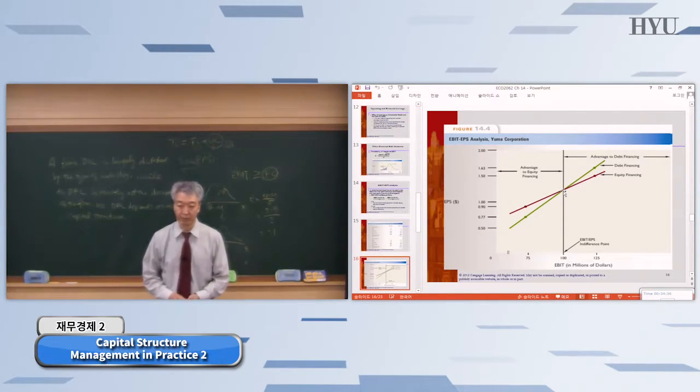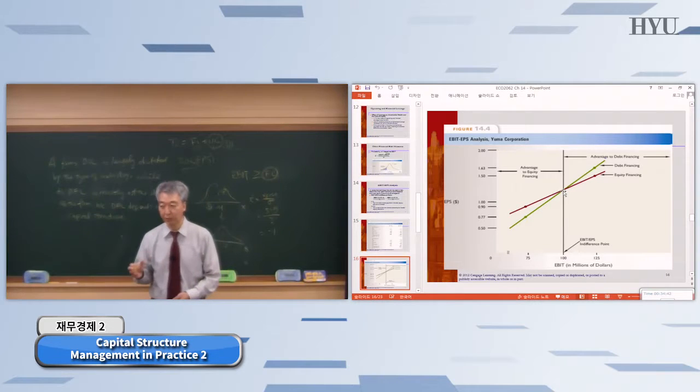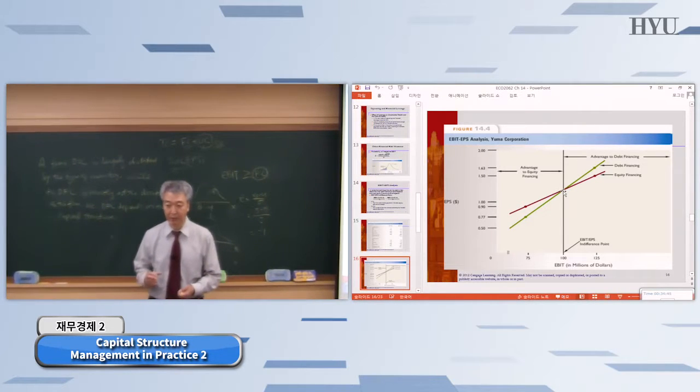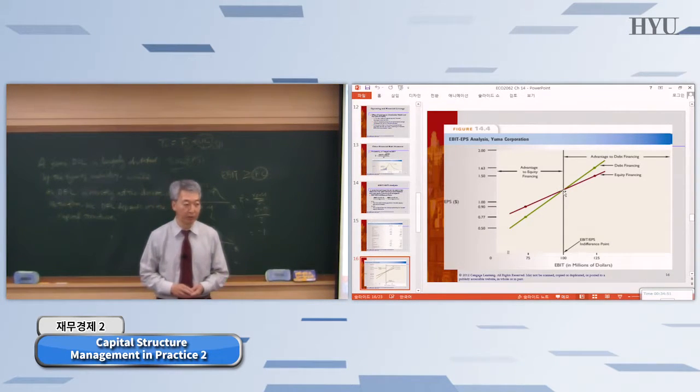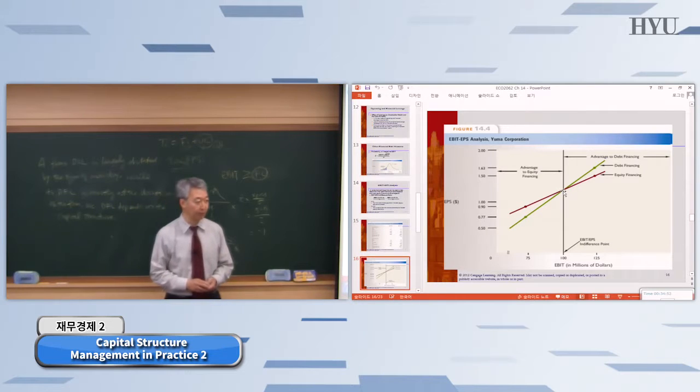In other words, whether you do the equity financing or debt financing will not make any difference. So you should be indifferent between equity financing and debt financing at that certain level of EBIT.